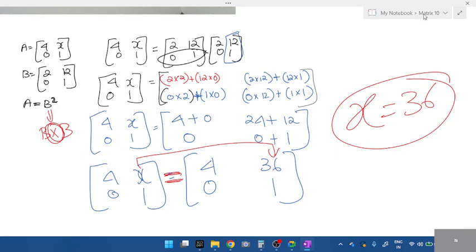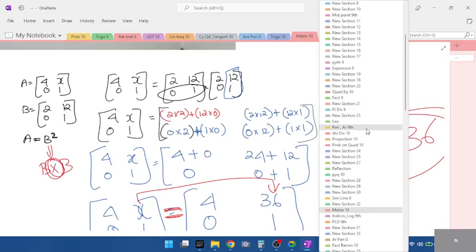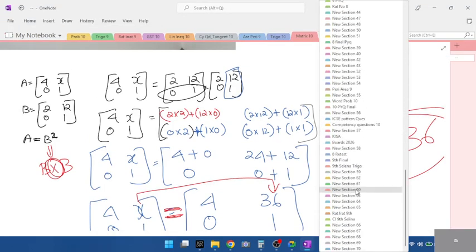Completed. See, now we know almost all the concepts: addition, subtraction, multiplication, division. There is not much in division, students. They don't tell us to divide. Now look here, let me directly show you a 2026 question.